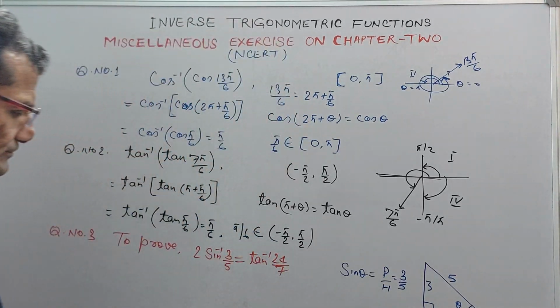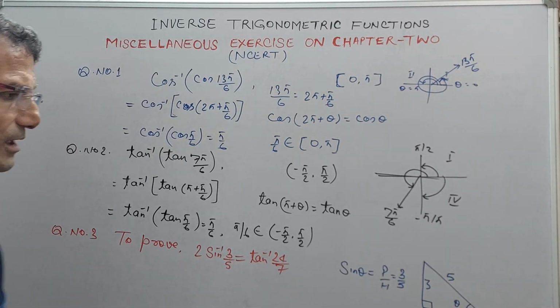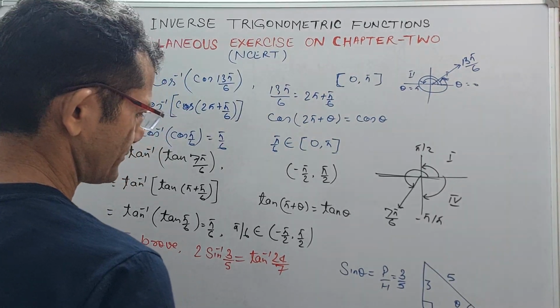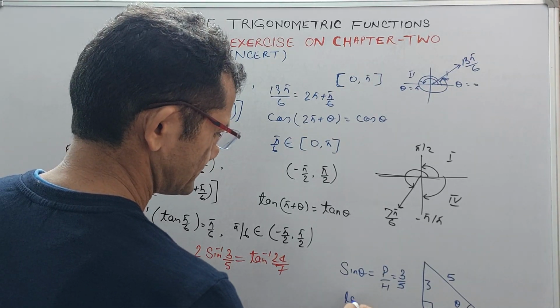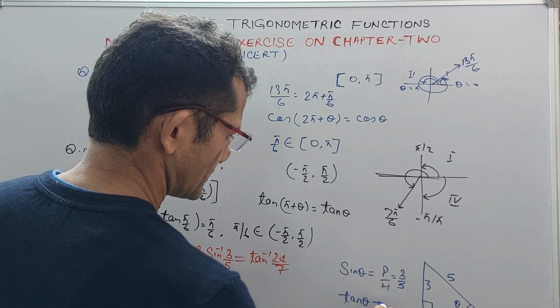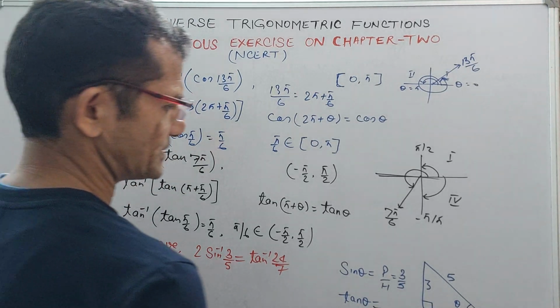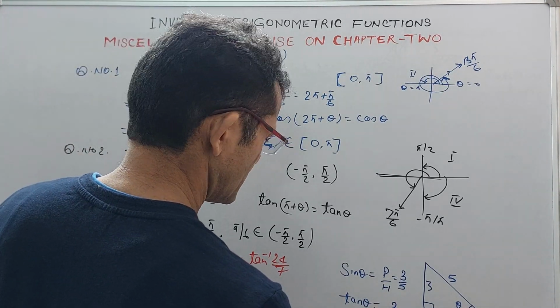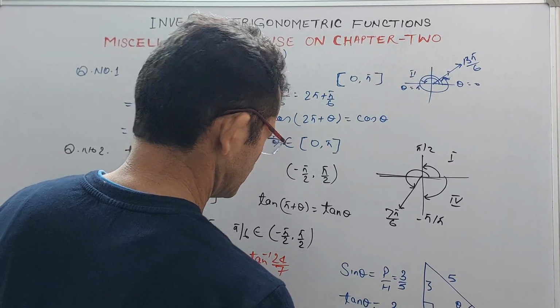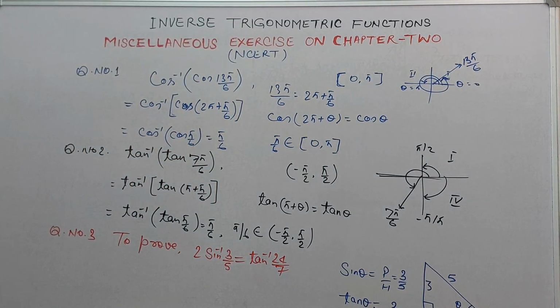So now from here, if we find the value of tan theta, tan theta is 3 by 4. So let us do this problem.